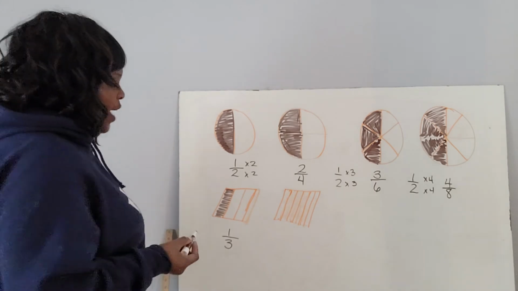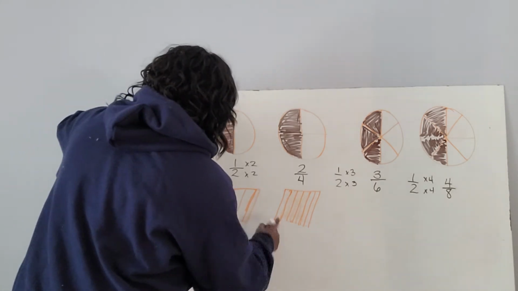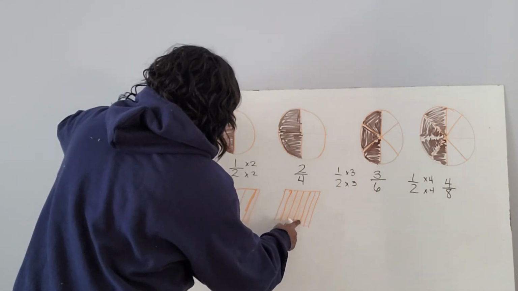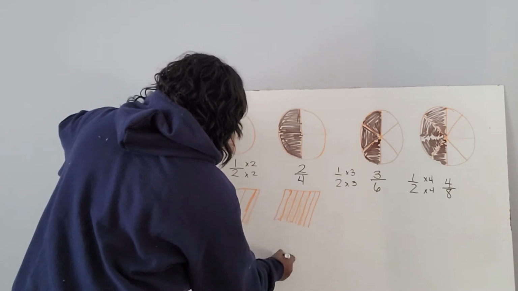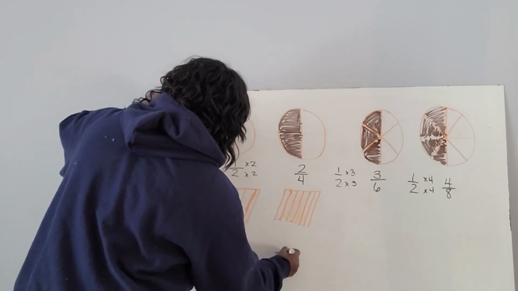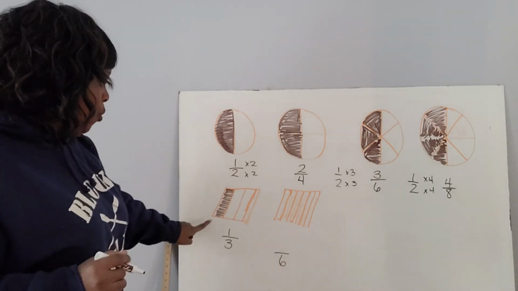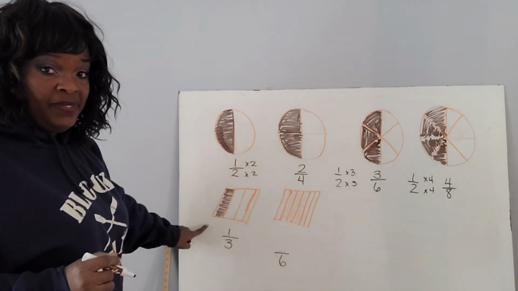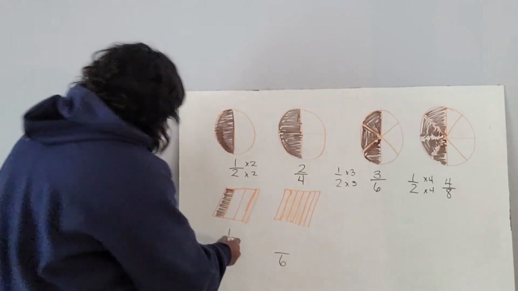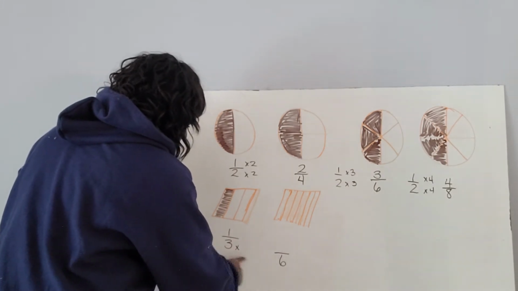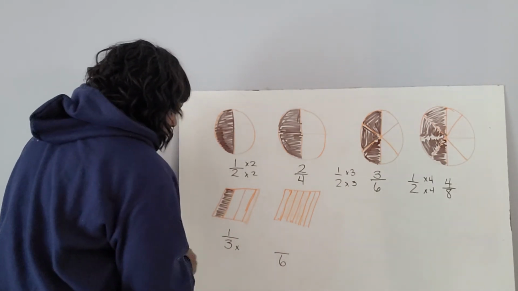Well, then when I come over here, I have 1, 2, 3, 4, 5, 6 pieces in all. How many would I have to color in to equal what 1/3 would be? Well, let's start with multiplying what times 3 to get to 6.